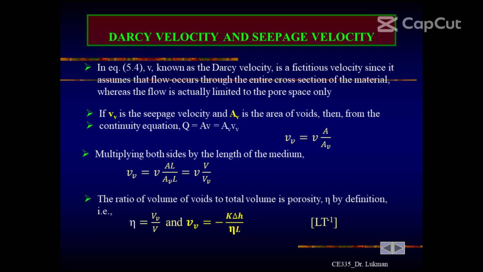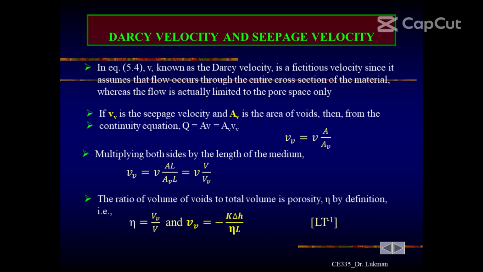So, coming down to Darcy's law and applying it for porous media, the area of flow here, if we want to have it in velocity form by relating it with the continuity equation, this is the area of flow, isn't it?